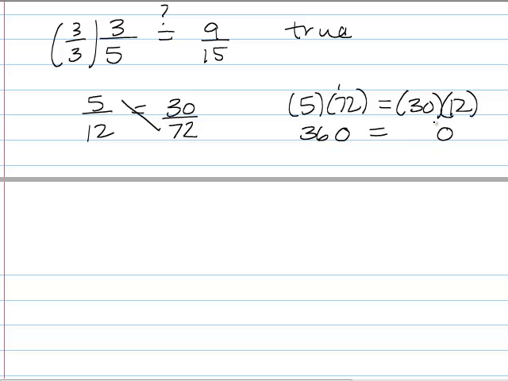I put the 0 for the placeholder from the 30, 3 times 2 is 6, and 3 times 1 is 3, so we get 360 equal to 360, and that too is a true statement. And we know that those two are equivalent proportions.